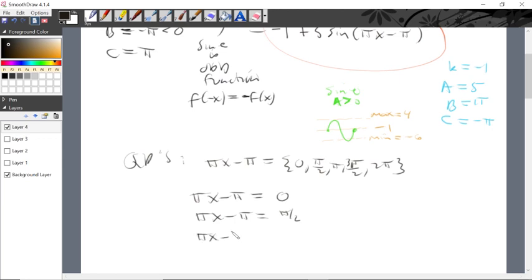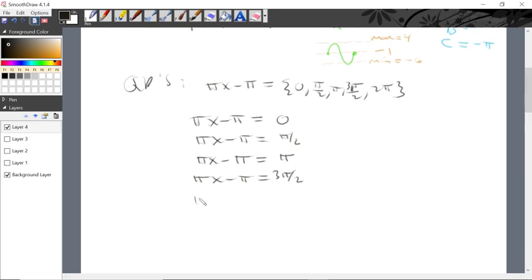Pi x minus pi is equal to pi. Pi x minus pi is equal to 3 pi over 2. And pi x minus pi is equal to 2 pi. Here are 5 linear equations for us to solve for x.